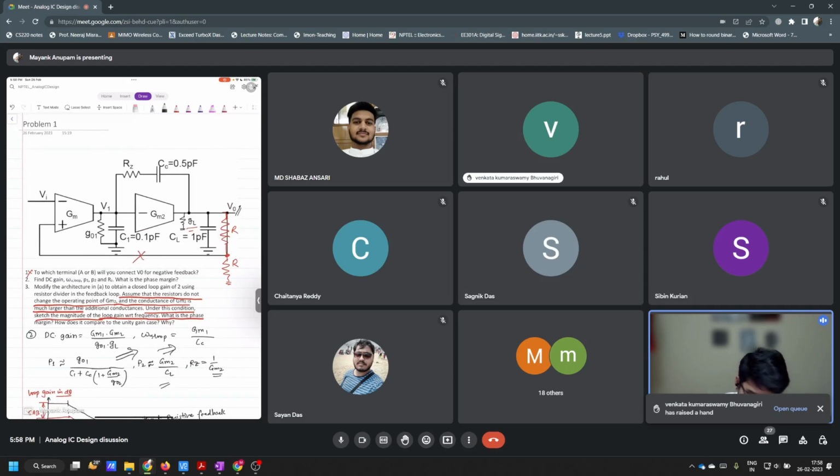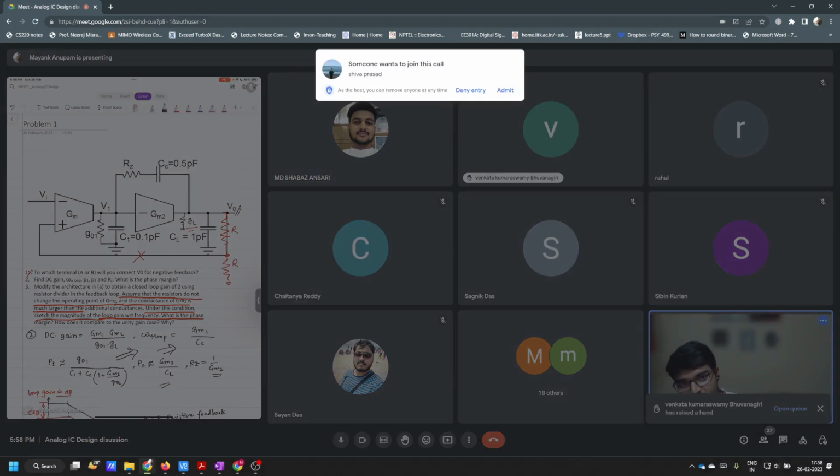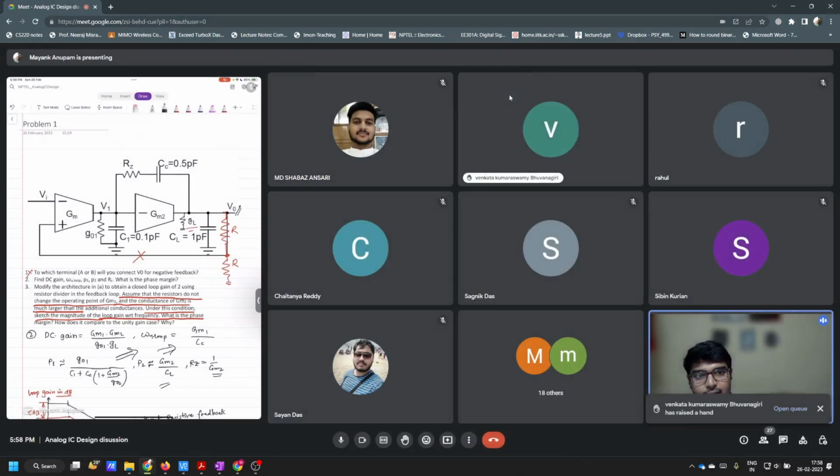But generally when people ask to find this DC gain, then basically they mean that DC gain has to be found out for the loop gain. For the loop gain, you also have to consider the load resistor and load capacitors.